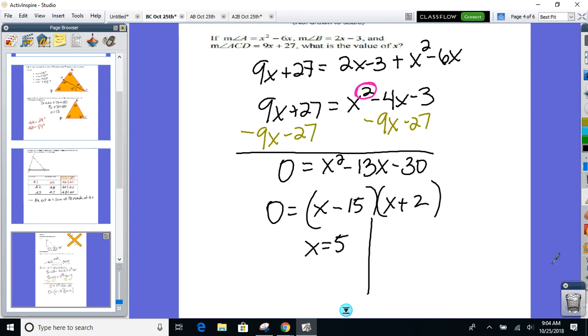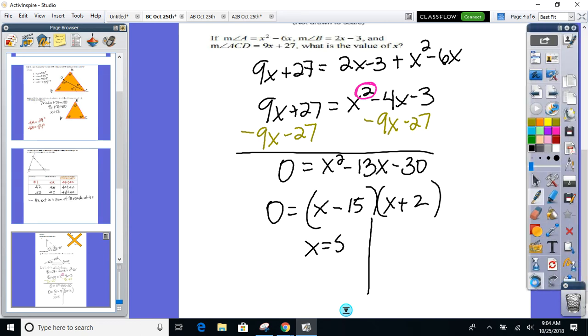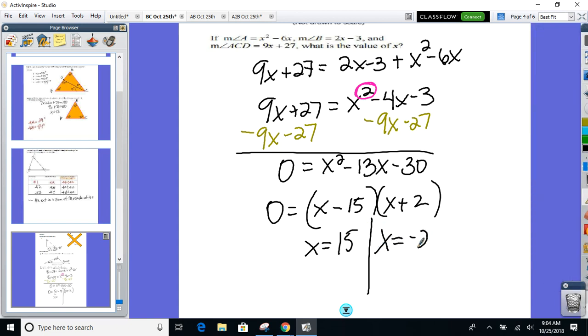And on the other side, x equals negative 2. All right, we're going to have this awkward stare until somebody tells me something's not right. Yep. Well, why? You can have a negative answer, but why am I not allowed to have this one in particular?